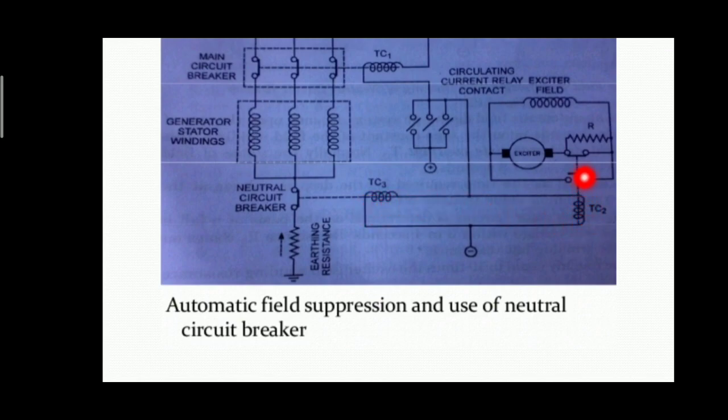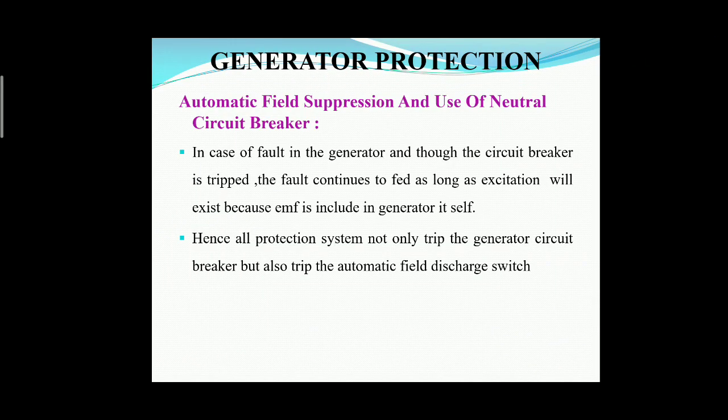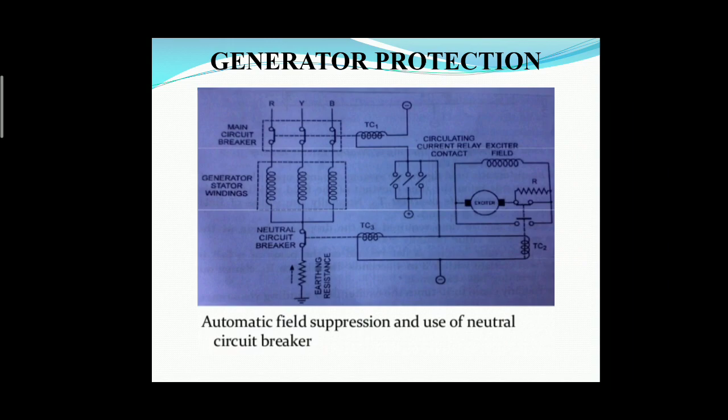Okay, this contact coil is connected by the resistors. This is the automatic field suppression and use of a neutral circuit breaker diagram. Under automatic field suppression in this protection, we trip the generator circuit breakers, and we also trip the automatic field discharging switches.